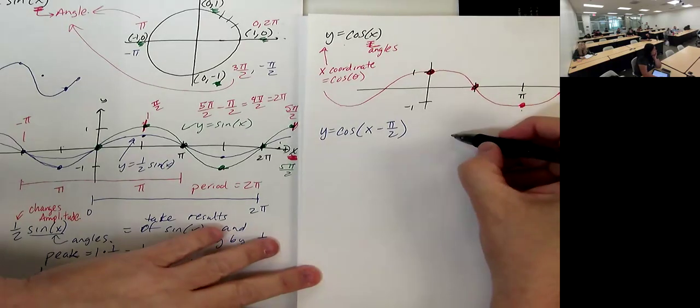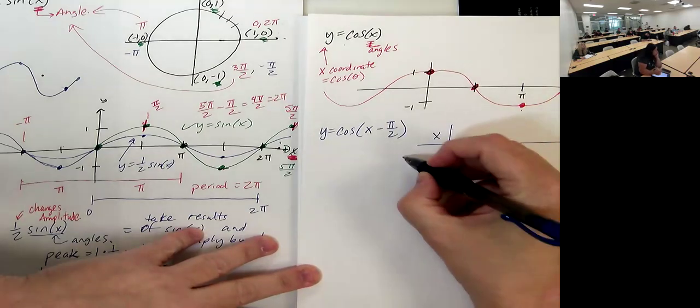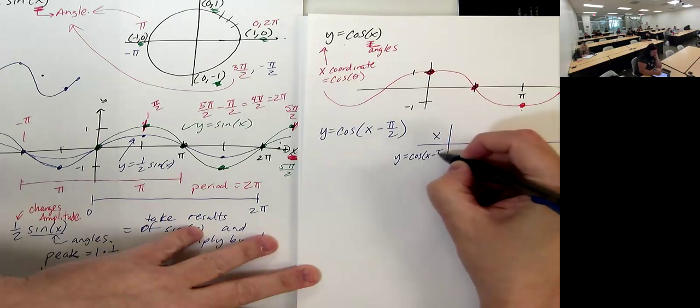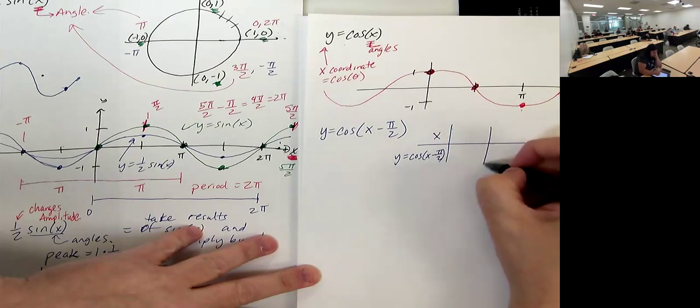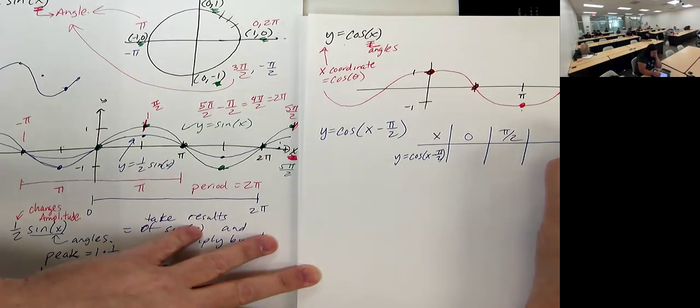And if it helps, I'll make a little table like this. We've got x, and y equals cosine of x minus pi over 2. Let's plug in our 0, pi over 2, pi, 3 pi over 2, and 2 pi.